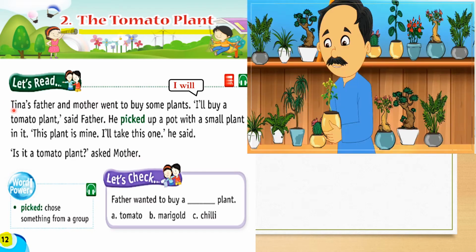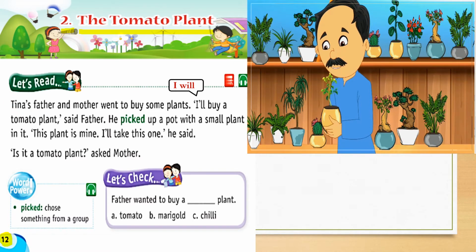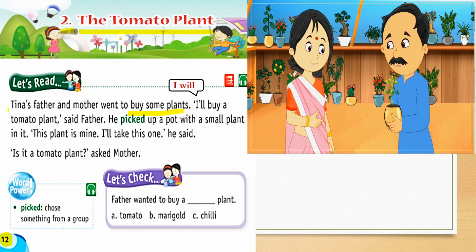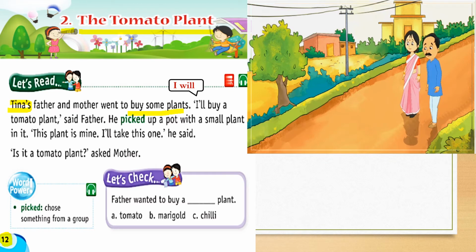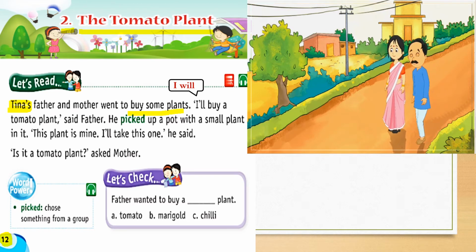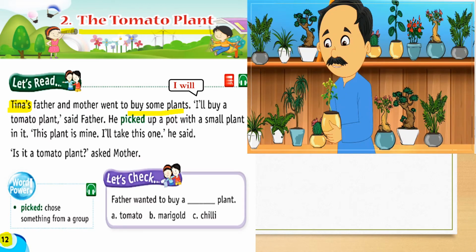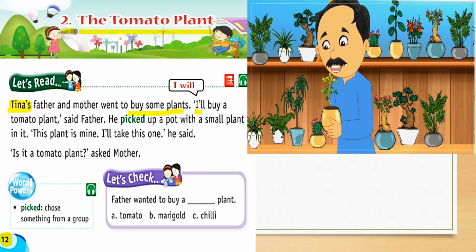Let me explain this paragraph, children. Let us see the first line, students. Tina's father and mother went to buy some plants. Here we can see that one day a girl named Tina and her parents went to buy some plants and her father was very excited to buy a tomato plant. I will buy a tomato plant, said father.